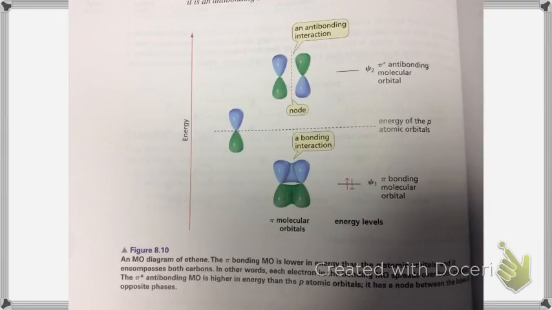One thing you need to pay attention to is that the bonding orbital, the pi1, has lower energy than a p atomic orbital, while the anti-bonding orbital has higher energy than the regular p atomic orbitals.